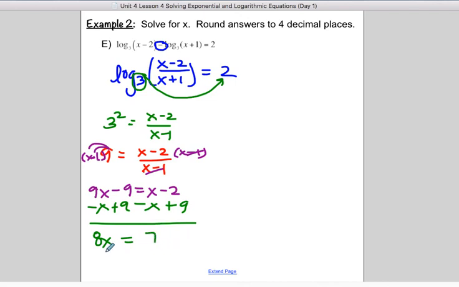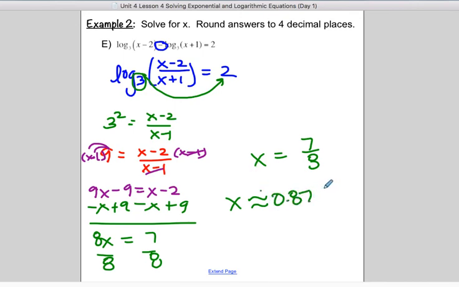And then if I go ahead and divide by 8, x is equal to 7 over 8, or x is approximately 0.875. All right. So there is that one.